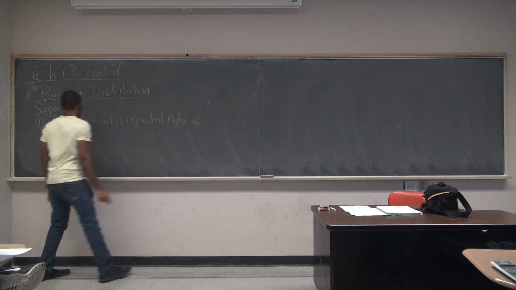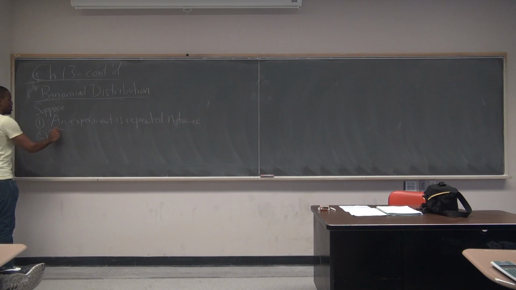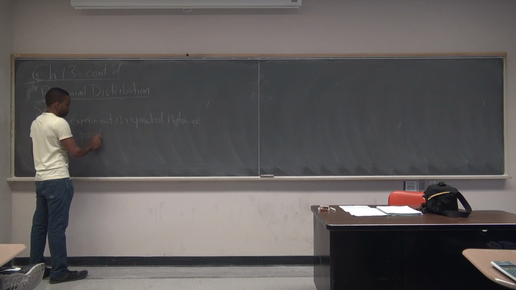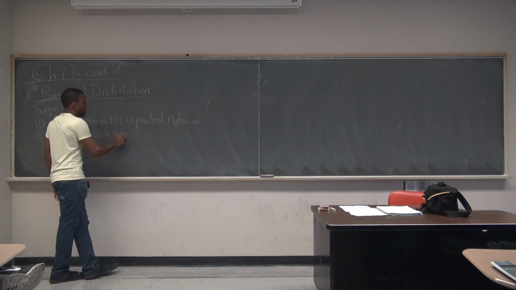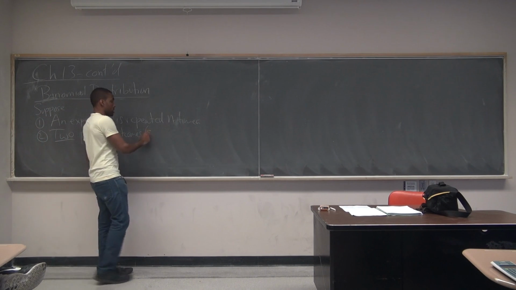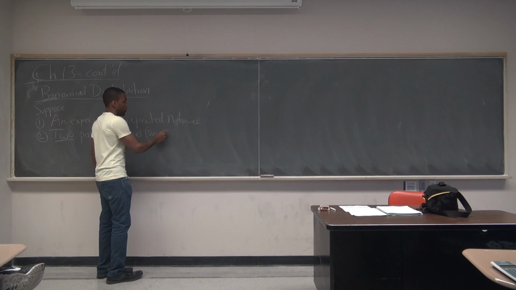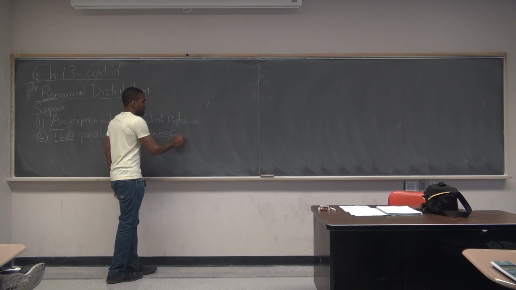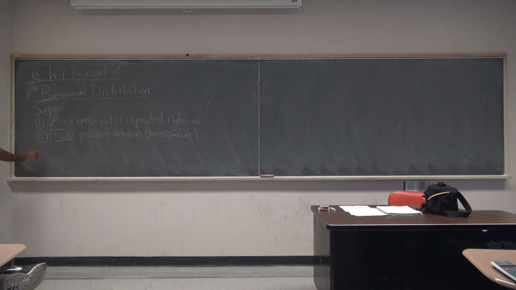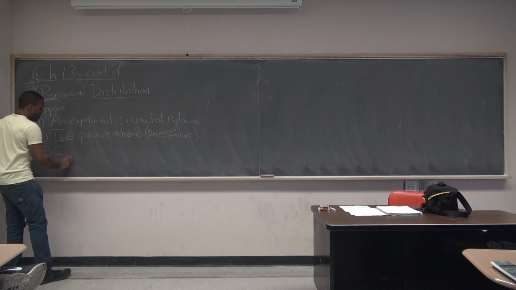Two, there are exactly two possible outcomes. That's what the word bi means, two. Which we subjectively categorize as success and failure. Success is just what we're looking for to happen. Failure is just that that thing doesn't happen. Three, each outcome is independent of the others.